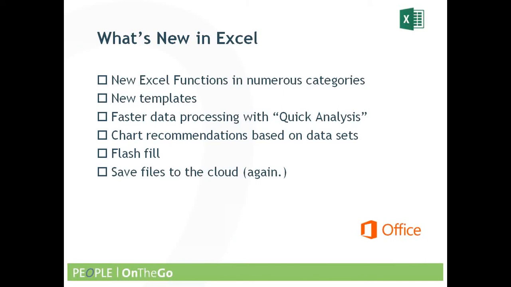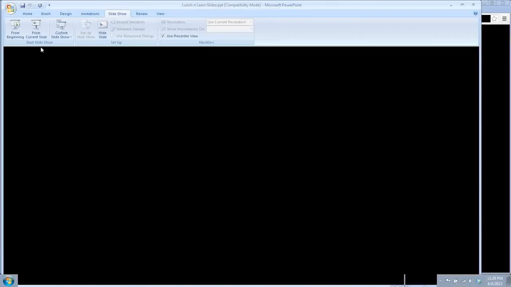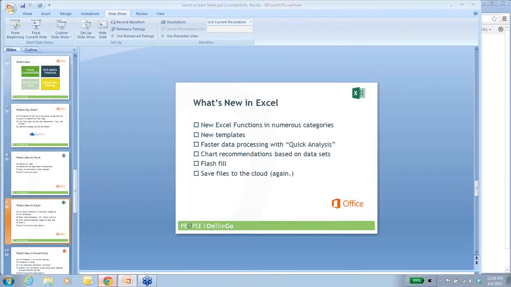I'm also including these new features, just a little overview of what's new in Excel. We have some new Excel functions. These Excel functions are available in a variety of categories, but you're able to, and I can show you that right here.